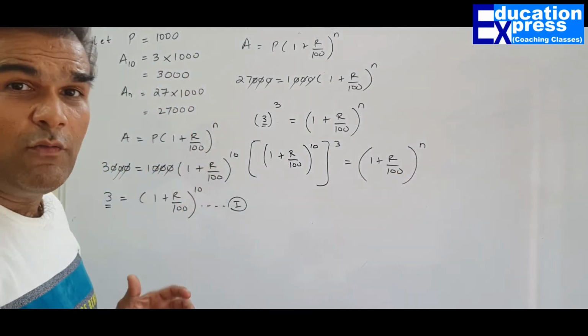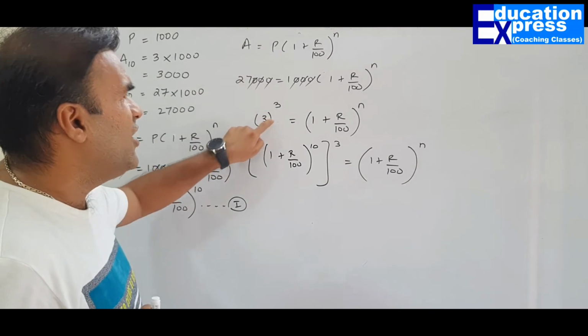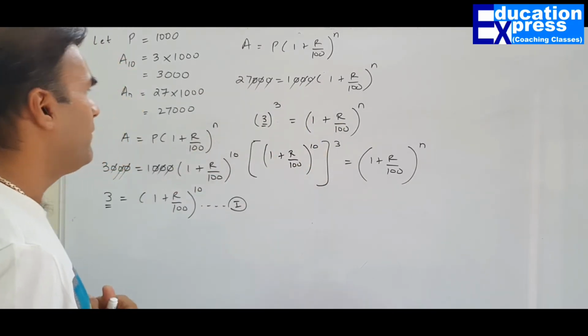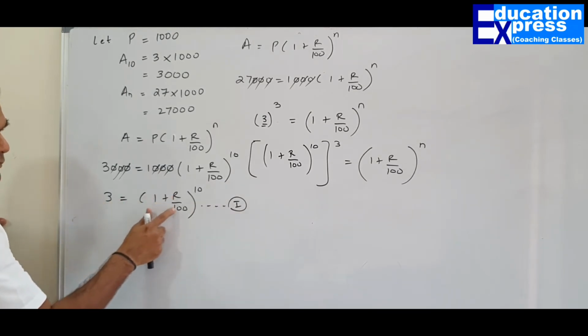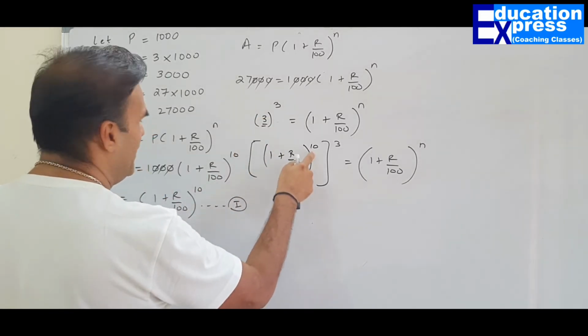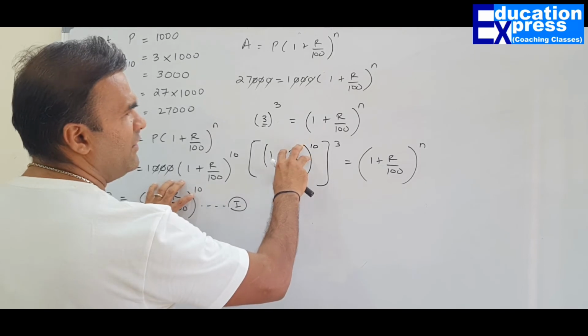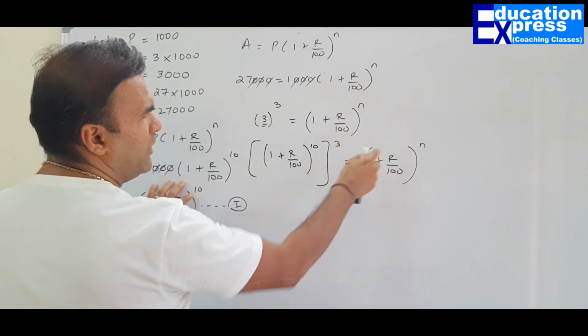I hope you understand what I am saying. I was having 27. 27 can be written as 3 cube. Now since in the first one I have the value of 3, 3 can be written as 1 plus r upon 100 raised to 10. So in place of this 3, I put 1 plus r upon 100 raised to 10. This 3 remains as it is, equal to 1 plus r upon 100 raised to n.